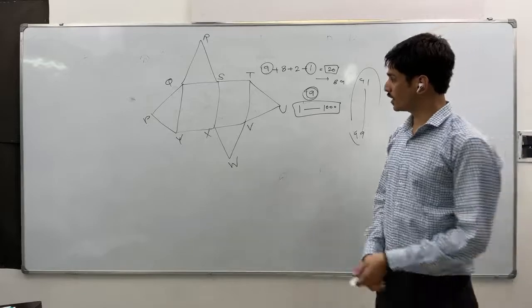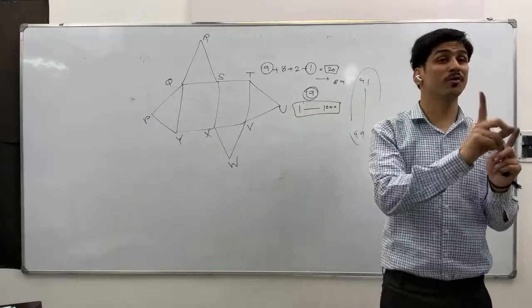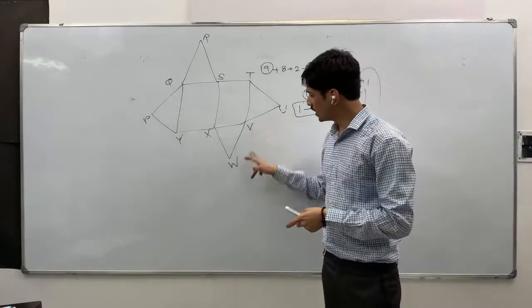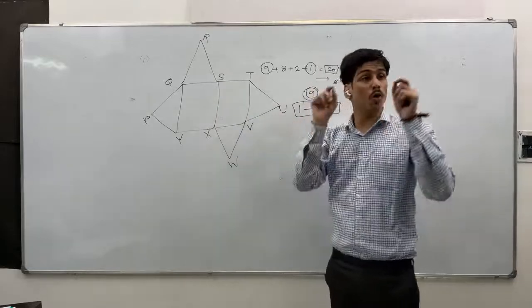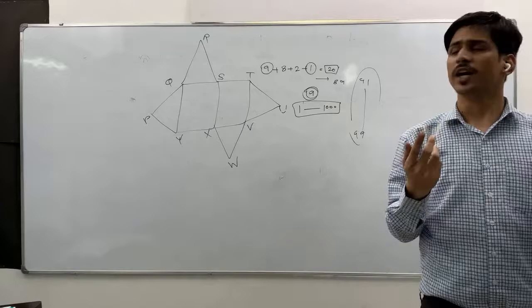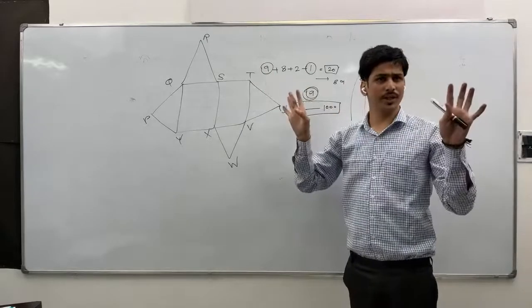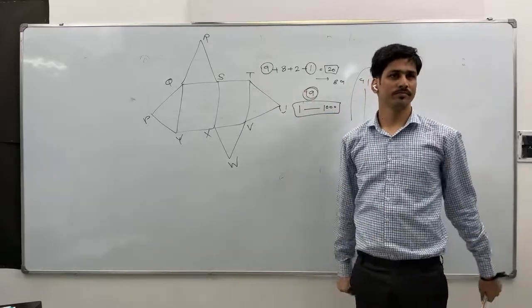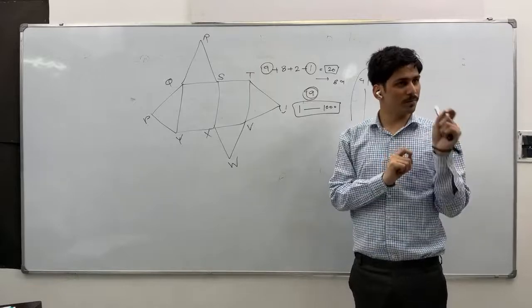All roads should be covered. It's not like you come V, W, X and stop; all roads should be covered, but you cannot walk on the same path more than once. It is allowed, you can come to the same city more than once, but you cannot walk on the same path more than once.